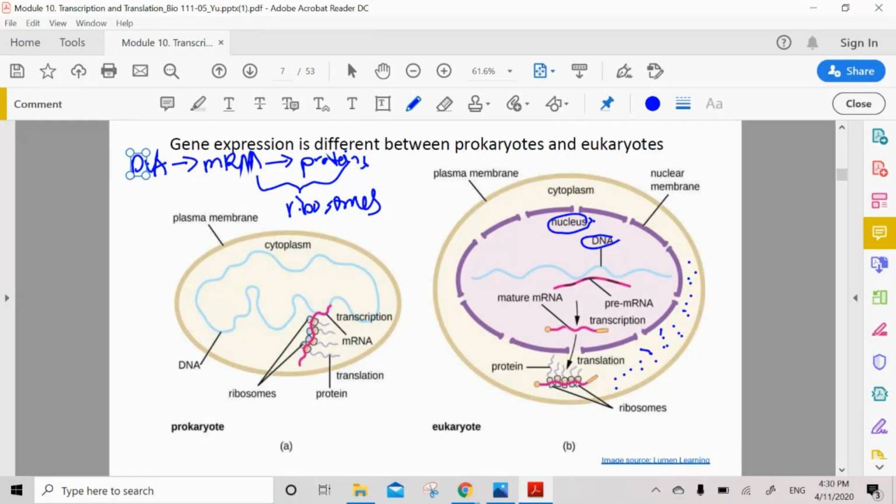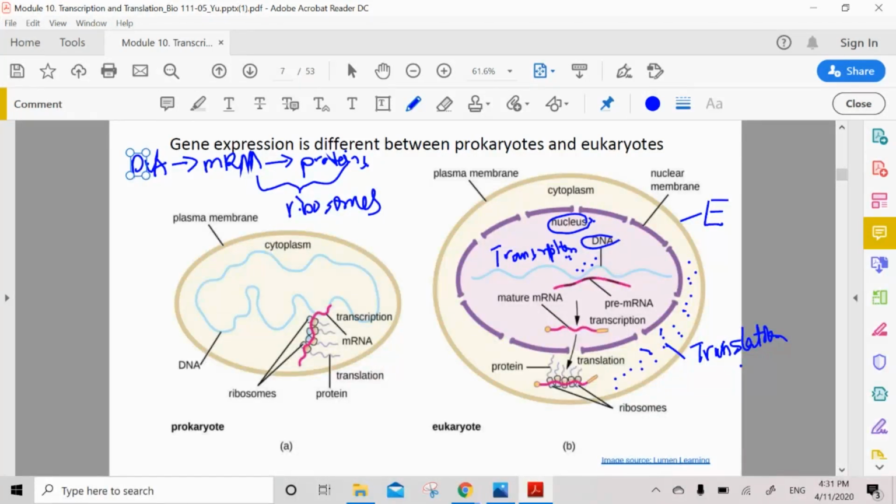Okay, so that means transcription, the first step, is going to take place inside the nucleus, but translation is going to take place in the cytoplasm. So transcription and translation occur at different times and in different spaces for eukaryotes. These two processes cannot happen at the same location or at the same time.